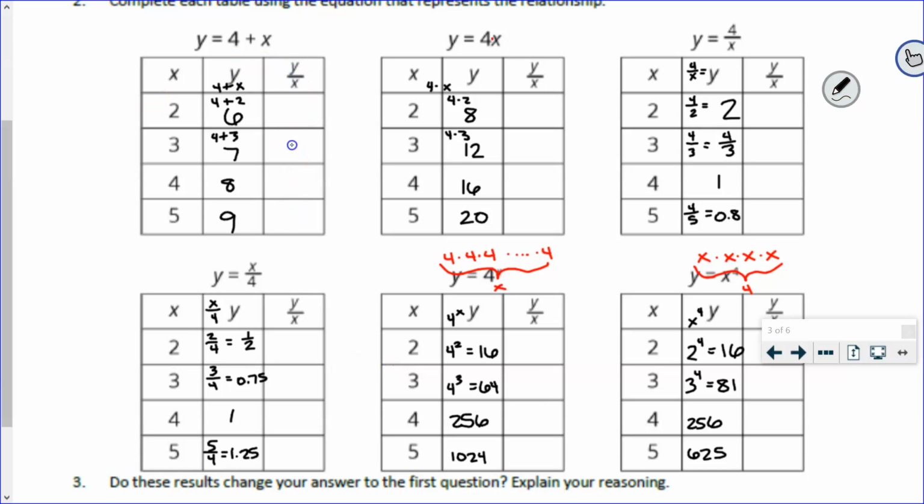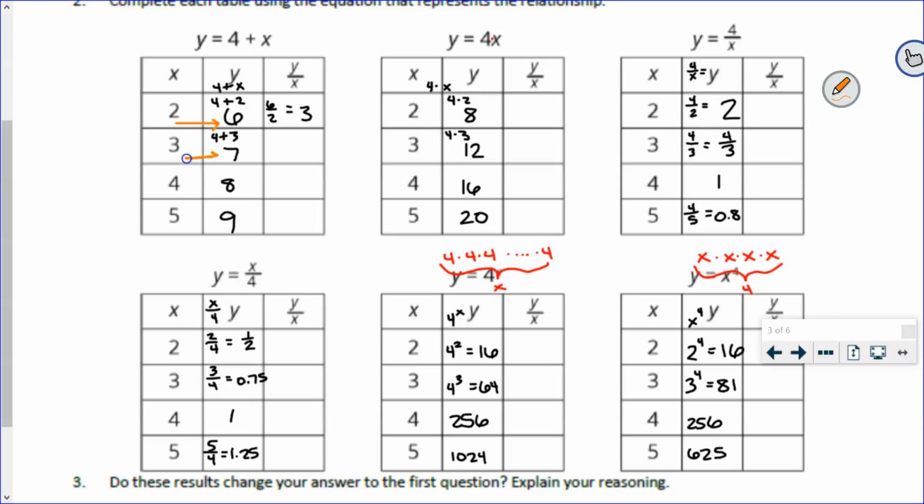Our next column is y divided by x. Understand what that's really asking. What we're really saying is, how do we go forward in this table? I don't know, so I'm going to work backwards, and so I would do 6 divided by 2. And 6 divided by 2 is equal to 3. So how am I going forward? 2 times 3 is 6. Same thing here. How do I go forward?